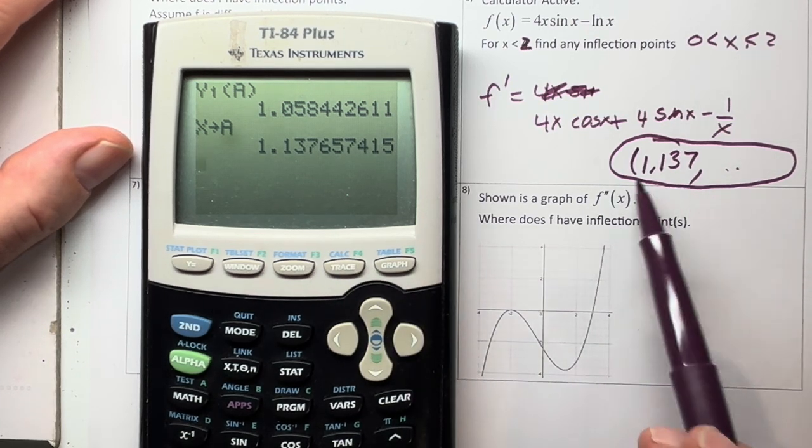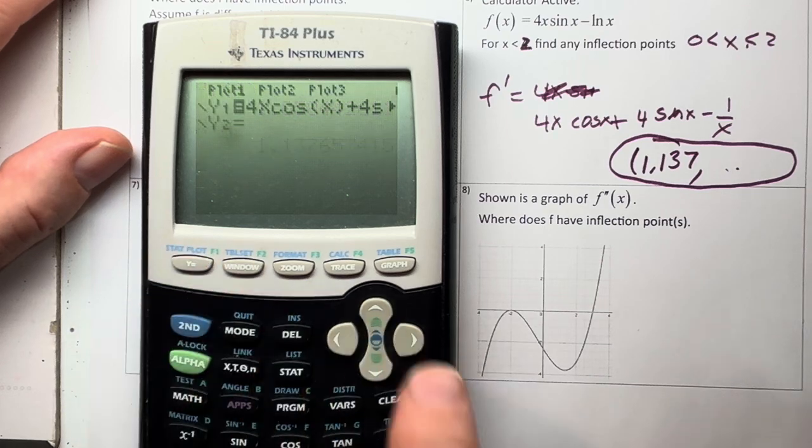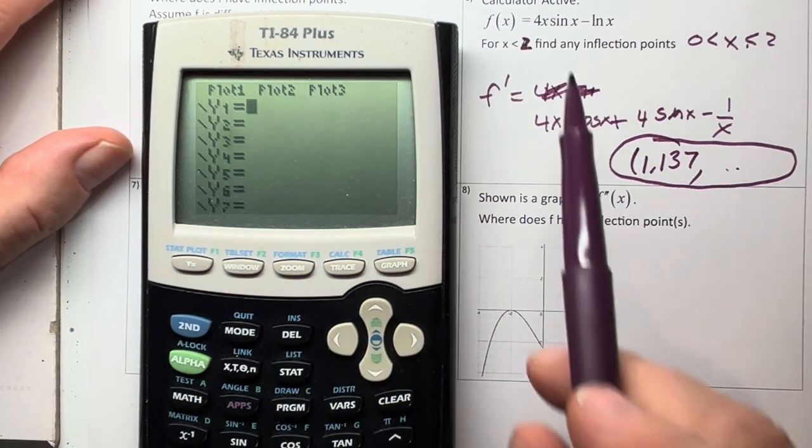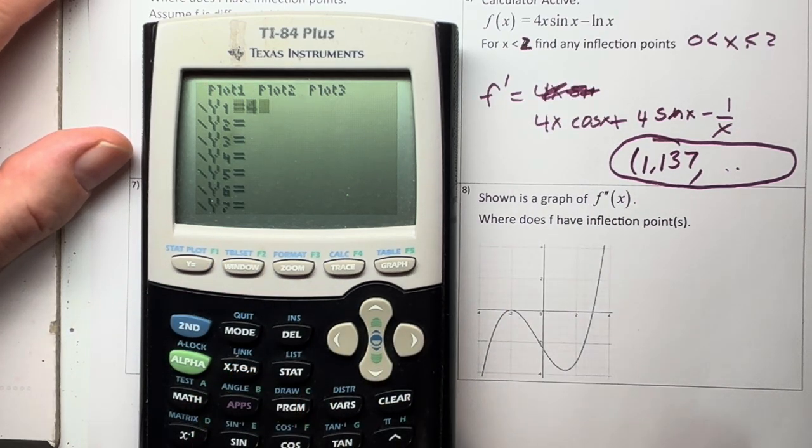So now we want to evaluate the function. We have to go back. We don't want the derivative anymore. We want the function, for x sine of x minus ln of x.